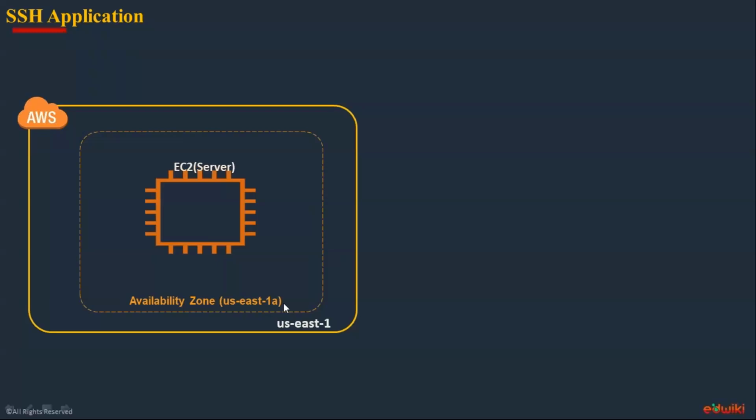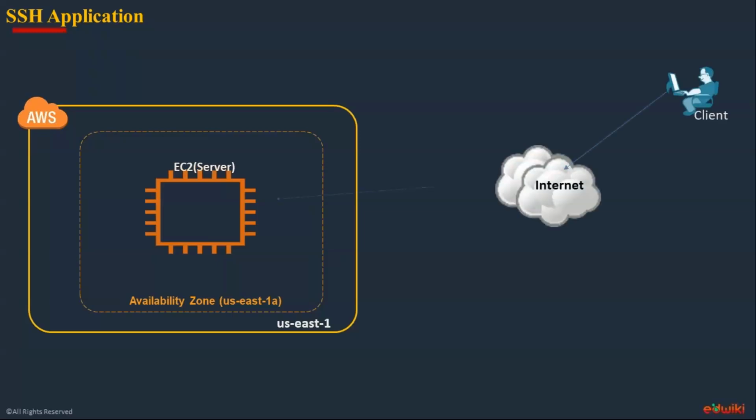So far, I have not selected the availability zone where I want it to be. We'll talk about that later, but for now, definitely it will be running in any one of the availability zones, which is selected by AWS by default, right? The client is trying to log in, and as we know, SSHD is the service responsible for all these things. Good, right?